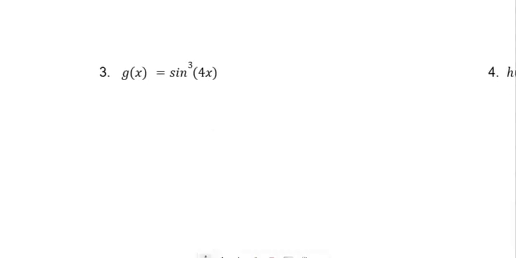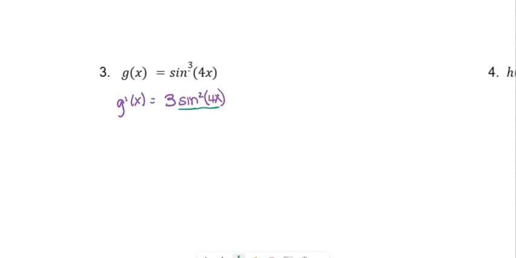All right, now I have a power function here, so I'm going to use the power rule. Bring my exponent down, reduce my exponent, and write it again. And then I'm going to take the derivative of what I just had.